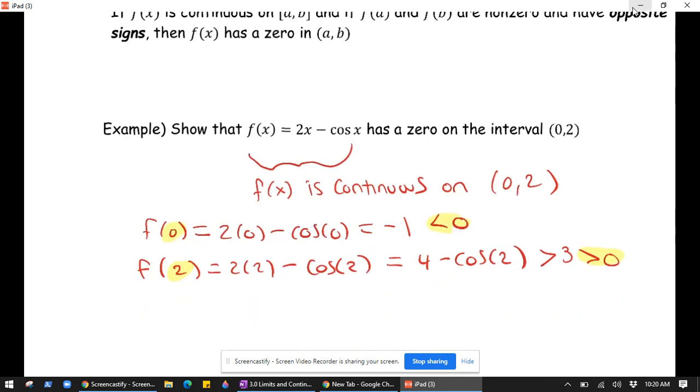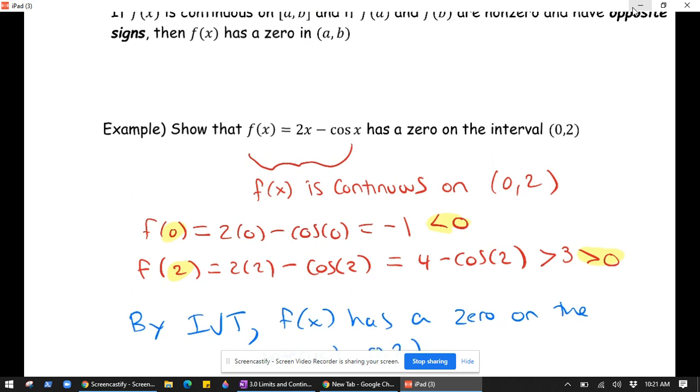And so therefore, by the intermediate value theorem, f of x has a 0 on the interval 0 to 2. Okay. I mean, technically, we would just say there exists a c such that f of c equals 0 at least once on that interval.